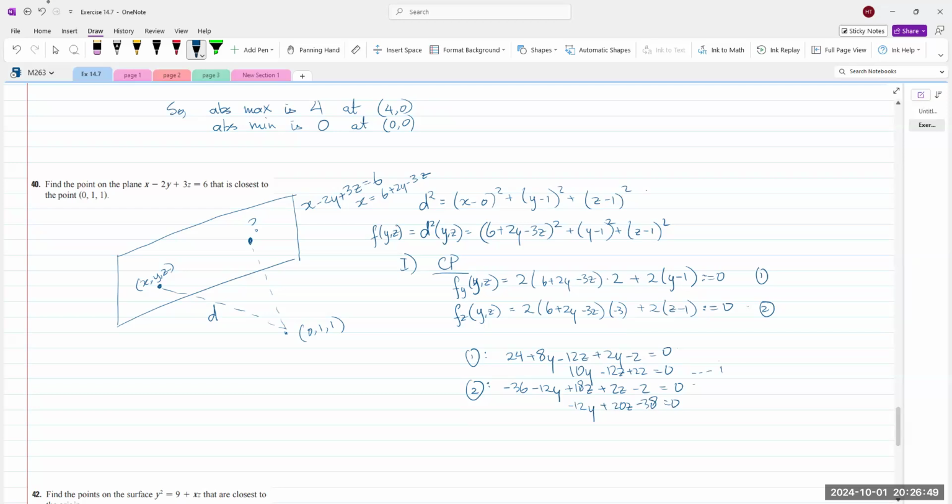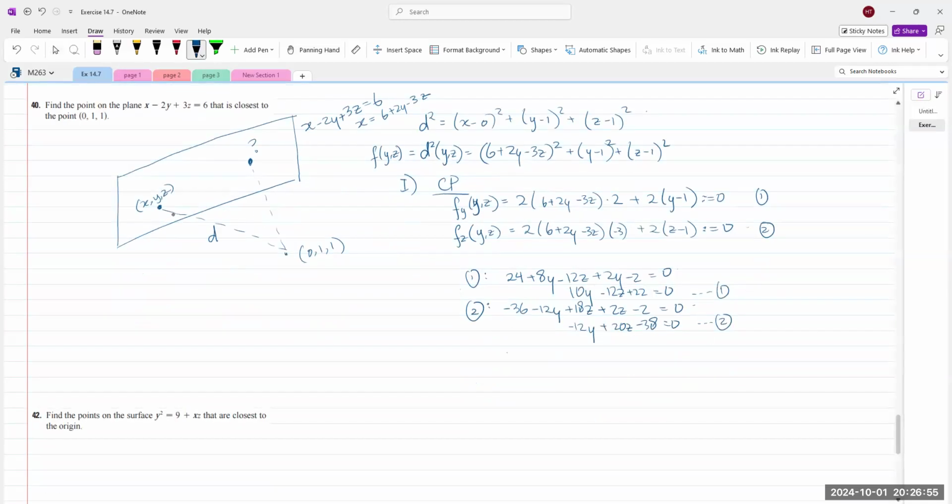Let's still call these equation 1 and 2. From equation 1, it's all a multiple of 2, so let me divide by 2: 5y minus 6z equals negative 11. Equation 2 is also all a multiple of 2, so I get negative 6y plus 10z equals 19.